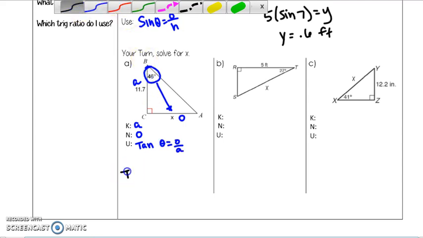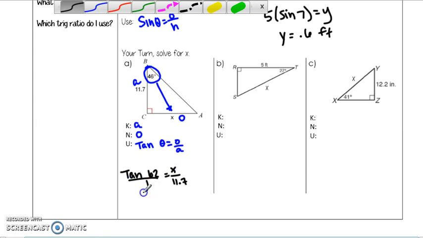So tan 62 is equal to O, which is unknown, over adjacent, 11.7.